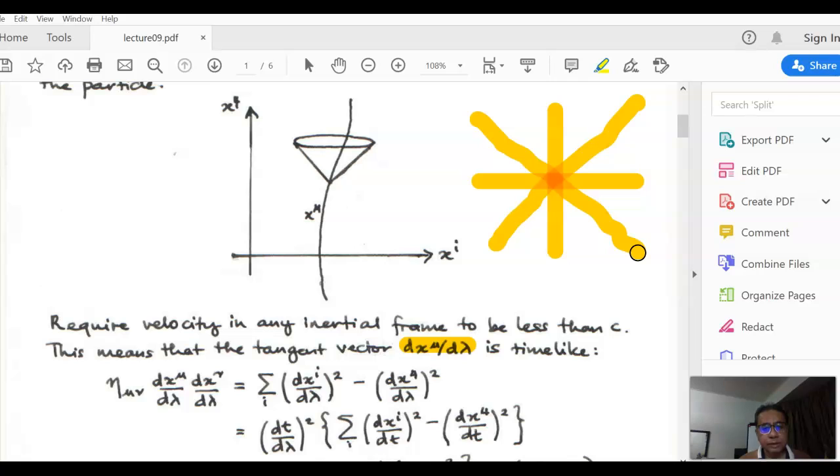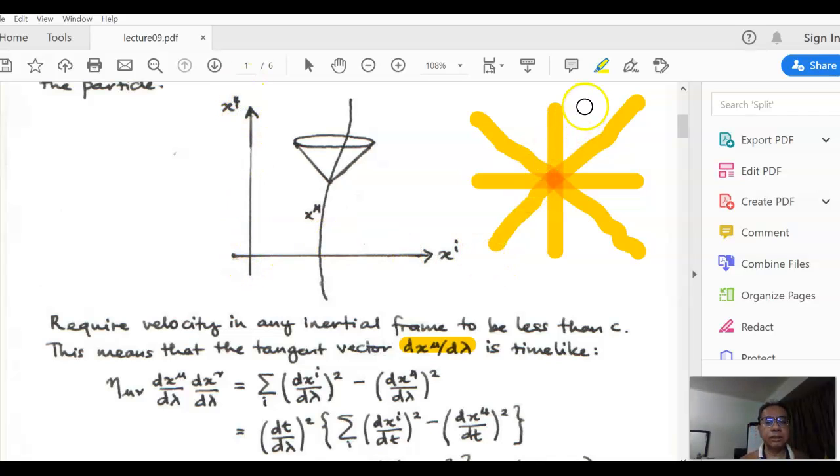Remember, the limiting speed in relativity is given by the speed of light. So any other particles will have a much steeper slope. The slope is not the velocity in this particular case, because we have the time on the vertical axis instead of the horizontal.